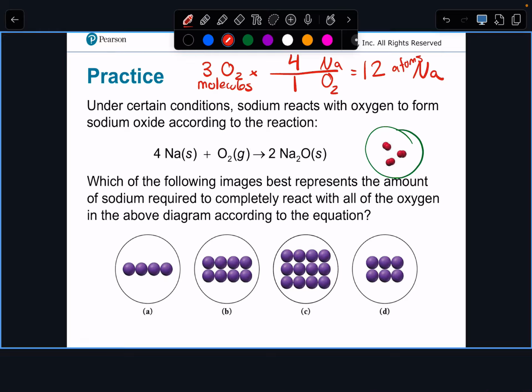Okay, so all the problems we've done up until this point are just in terms of moles, or in this case, atoms and molecules. We don't usually measure things out in moles though. It's not like you go into a laboratory and you have a balance that you put stuff on and it says that's this many moles, that's this many moles. No, you have to do a conversion. It weighs out grams and then you have to convert it to moles.